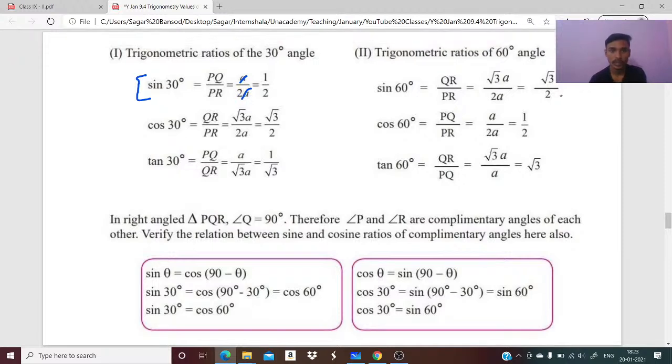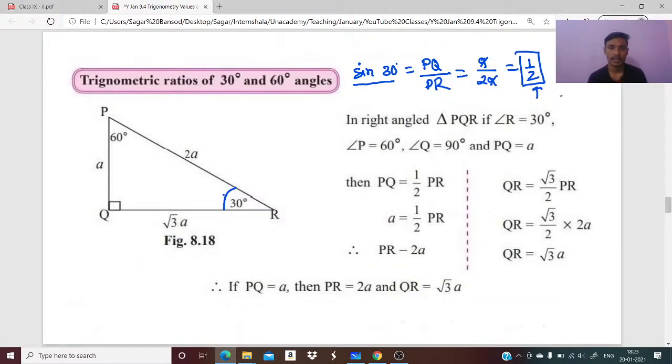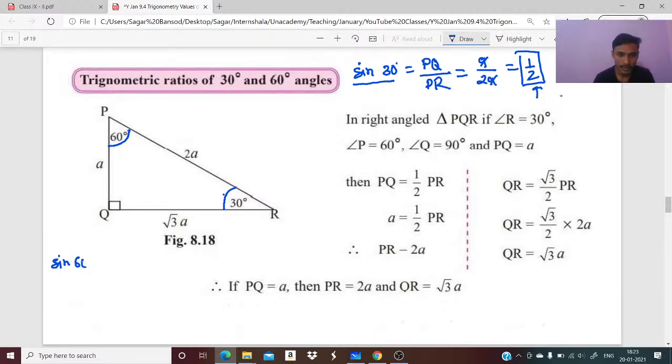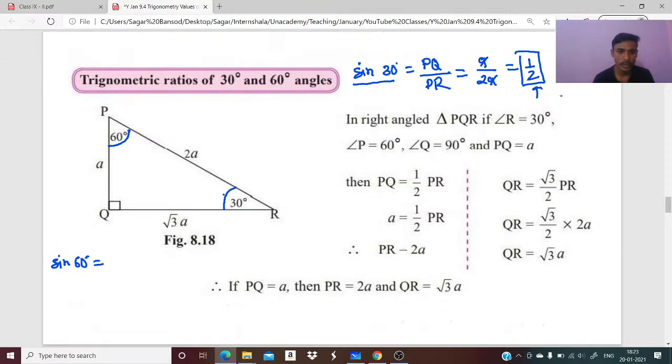Now similarly, in the previous slide, if I ask you to find out the value of sine 60 degree, you know that this angle is your 60 degree angle. Sine 60 degree will be opposite side upon the hypotenuse.